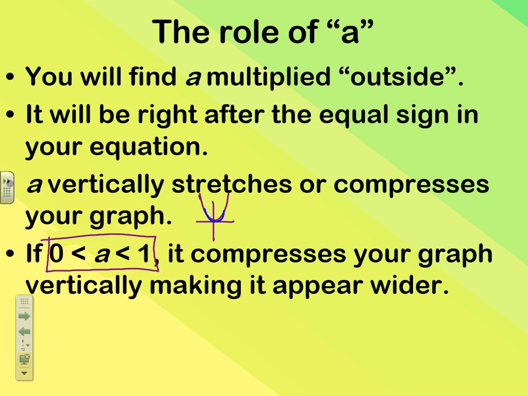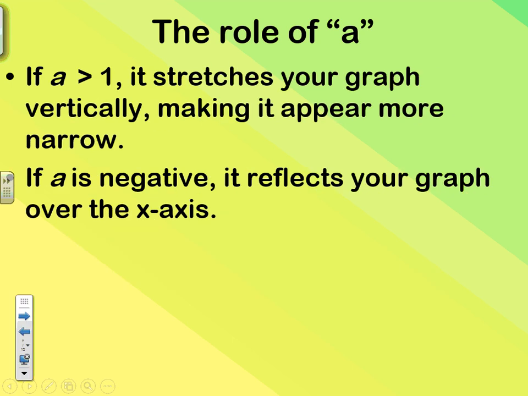And so the next one is where we're talking about if a is less than 0, meaning that it's negative, that's what causes it to reflect across the x-axis.